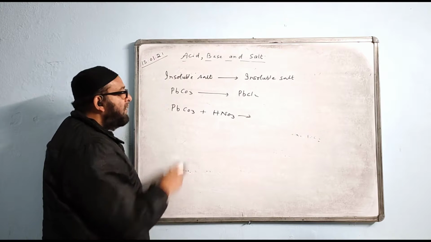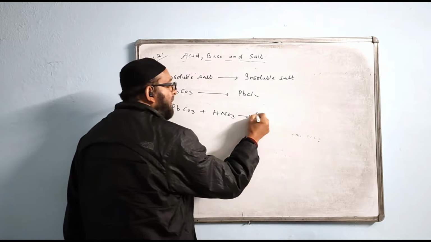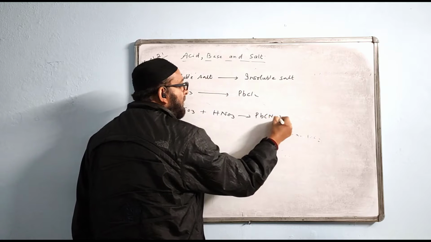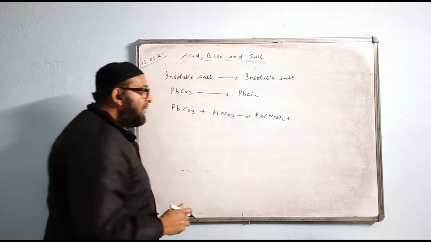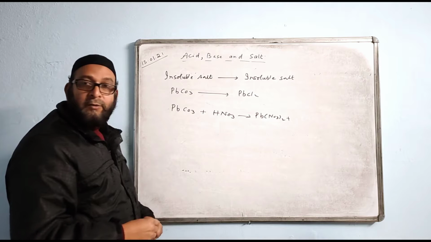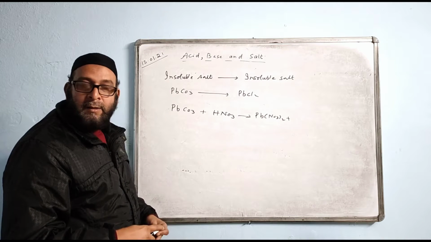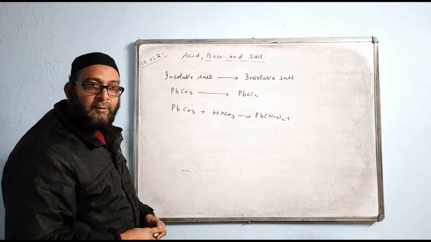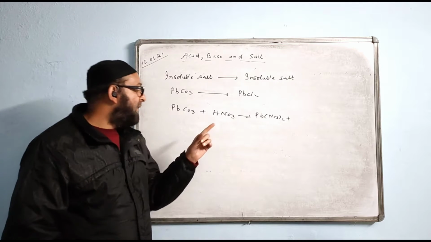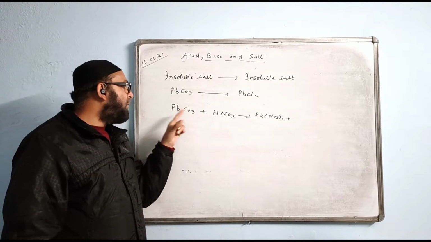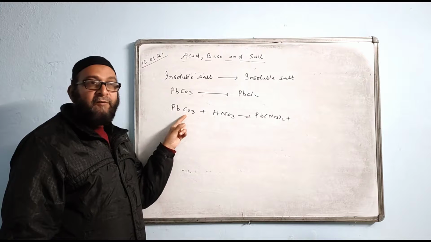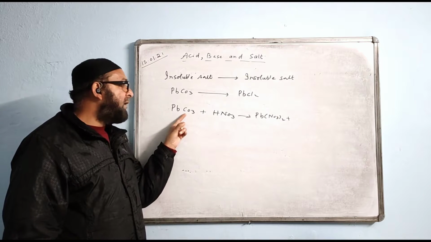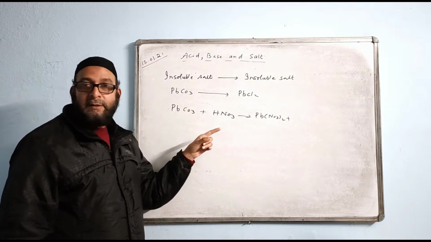Then what is the answer? Pb(NO3)2 plus what to write? Not carbonic acid. You know the fact that when carbonates or bicarbonates or sulfides or bisulfides react with a dilute acid, what happens?